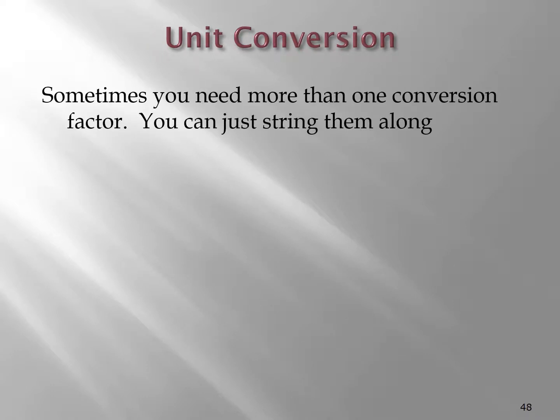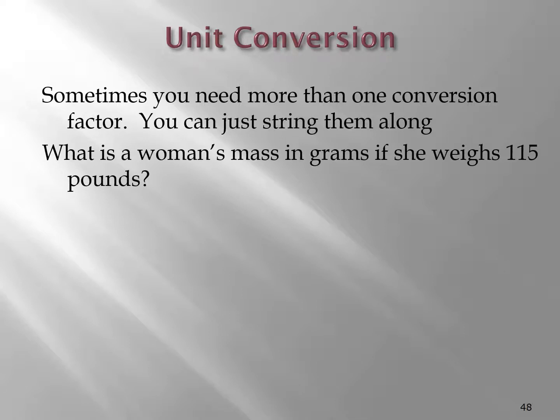Like I said before, sometimes you need more than one conversion factor, and you can just string them along until you have what you need. What is a woman's mass in grams if she weighs 115 pounds? Well, you may be able to look up the gram to pound conversion factor, and that's perfectly fine. But what if you couldn't look it up and you had the information from the previous table?